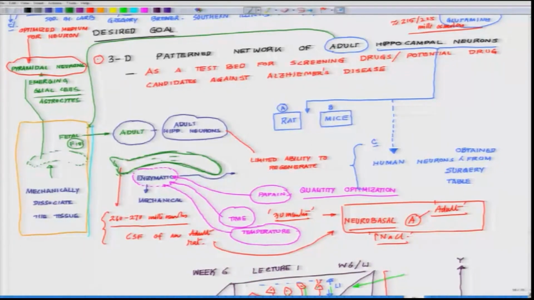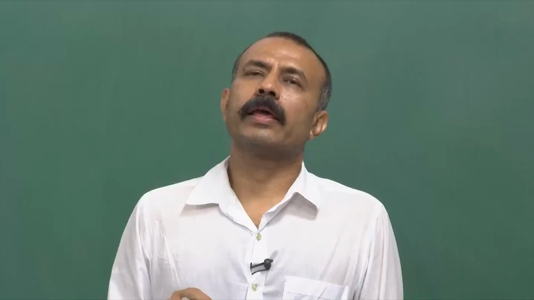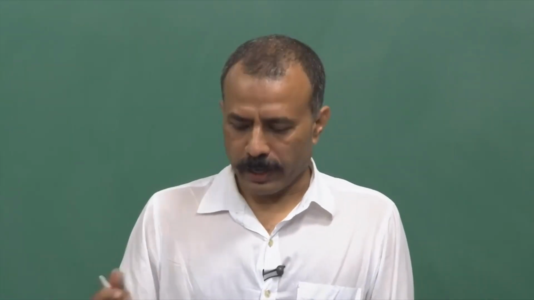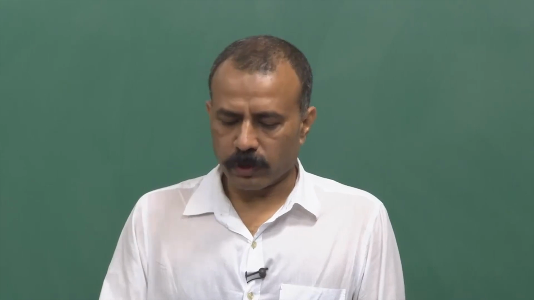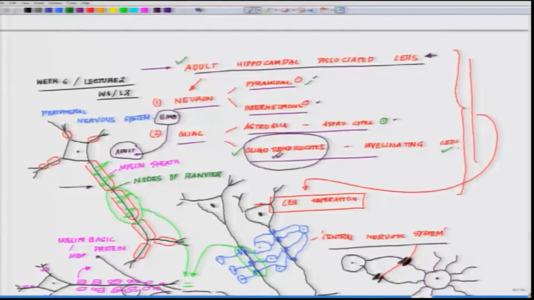The way you are achieving it is that first of all you have to isolate the individual cells and you have to re-establish the contact. So, this is the population you are getting: pyramidal cells, interneurons, astroglia, oligodendrocytes.